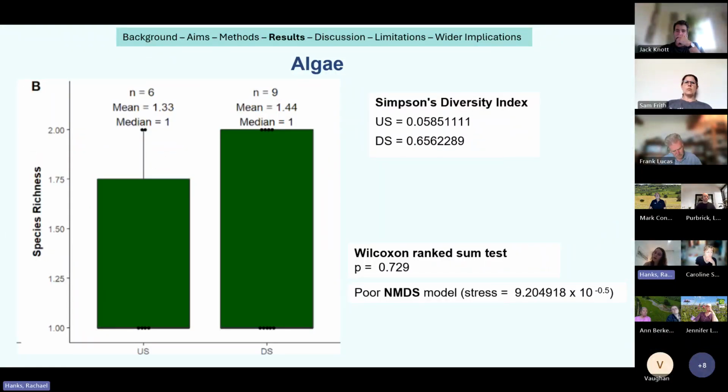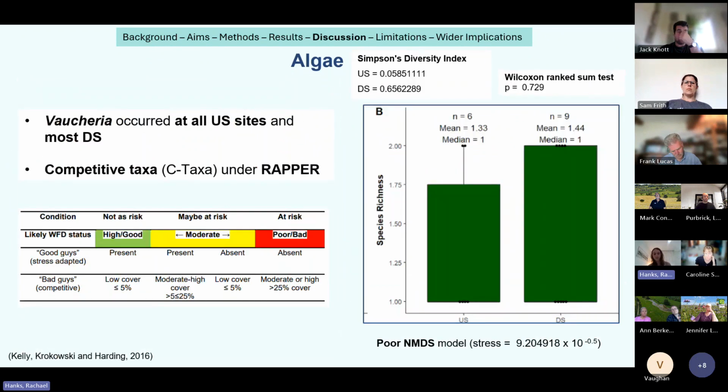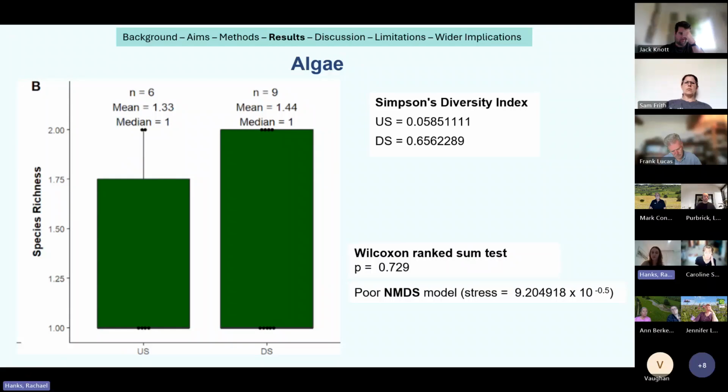This is now looking at the macroalgae, so that's the visible algae you can see on substrates, on rocks, etc. So on the y-axis, species richness, so the number of different species, upstream, downstream. For this, I used RAPA, the rapid assessment phytoplankton, which some of you might be familiar with, which, to summarise, is a species percentage coverage by eye, but then you identify the algae by texture and look.